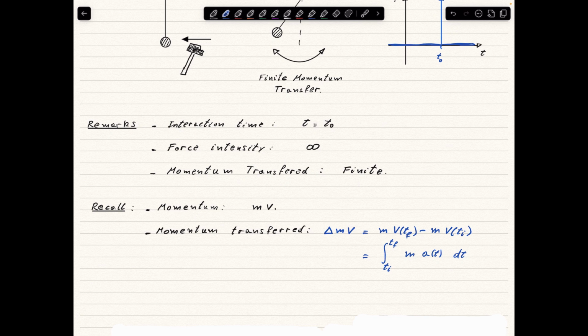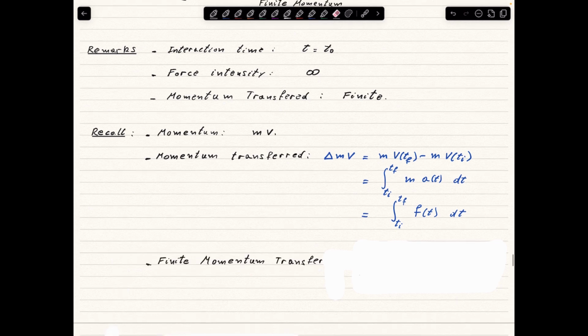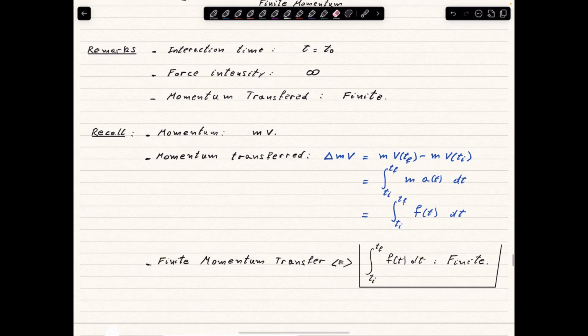And because of Newton's equation of motion, this is the integral from t initial to t final of the forces acting on that system. And when the amount of momentum transferred to the system is finite, what we are saying is nothing more than this integral has to be finite.